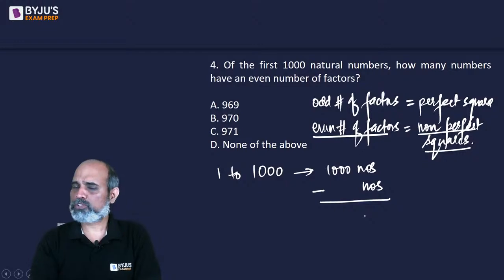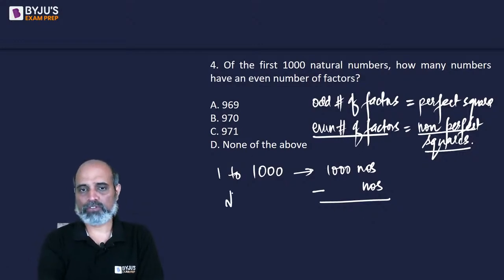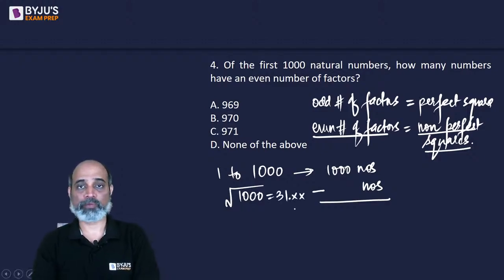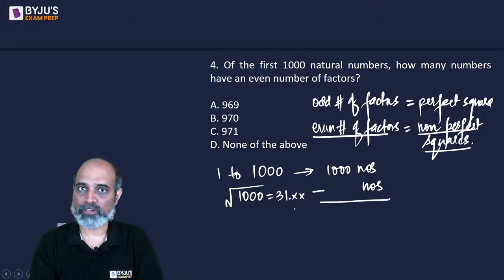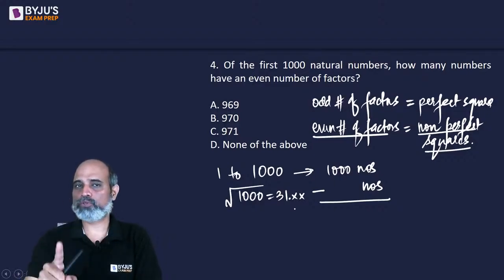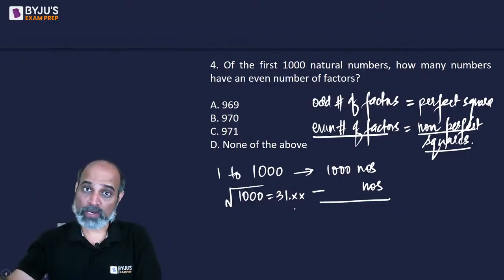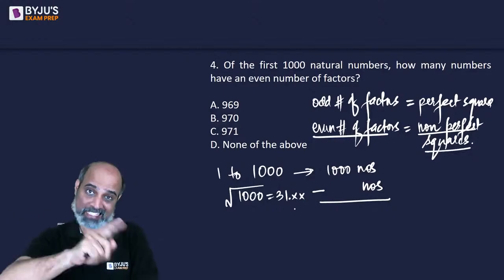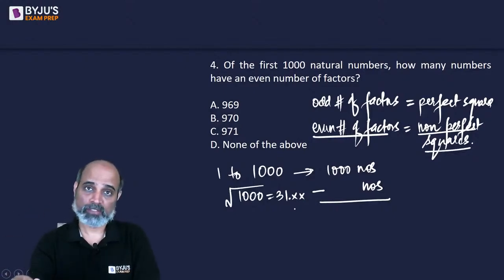So how many perfect squares exist up to 1000? For that, we will have to do the square root of 1000. Square root of 1000 is 31 point something, because 32 square is 1024, 31 square is 961. So 31 point something, which means 1 square, 2 square, 3 square up to 31 square. These all values exist from 1 to 1000.